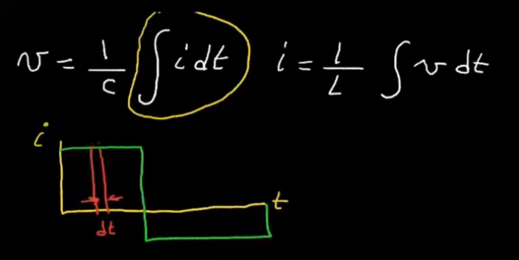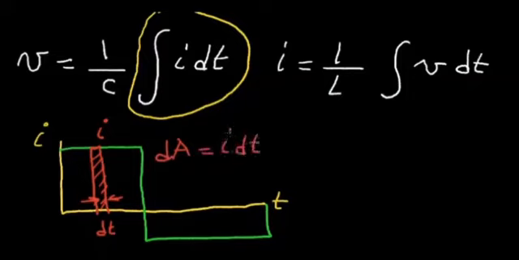My current at this point is, I'll call it I. So the area of this little sliver, a very small little slice of area, I'll call it dA, is equal to I times dt.